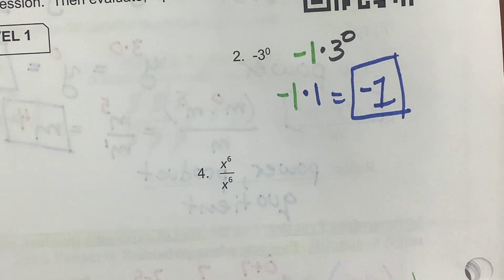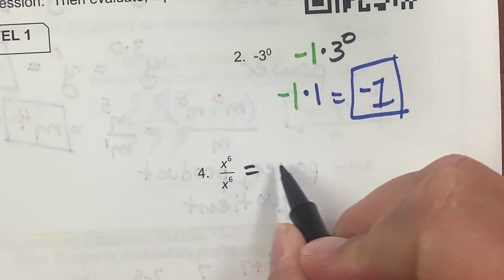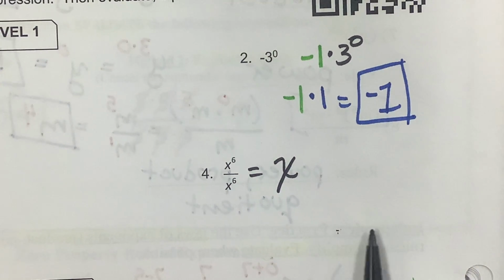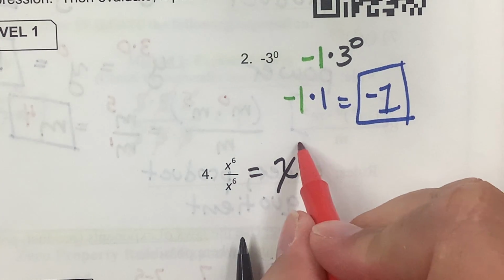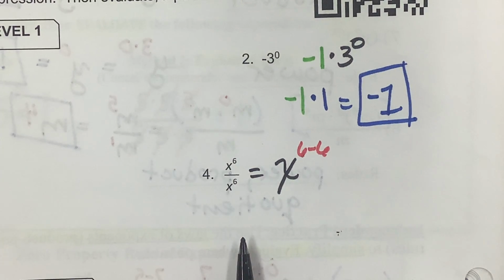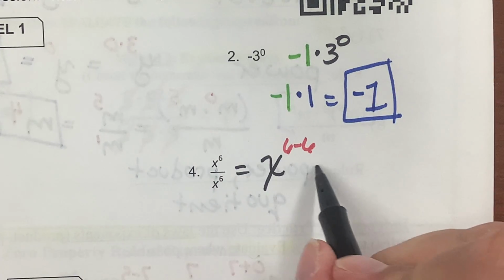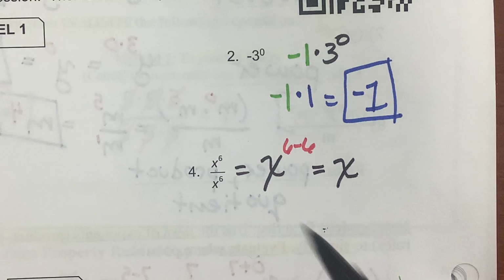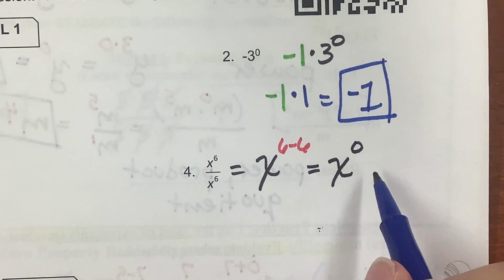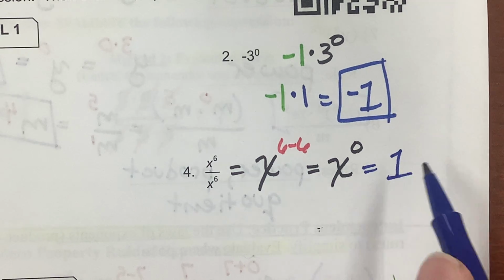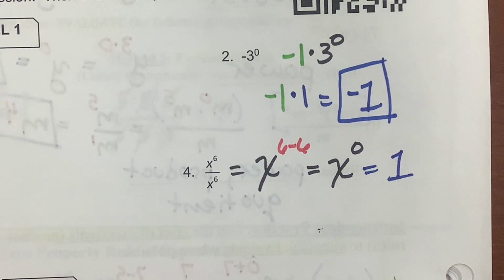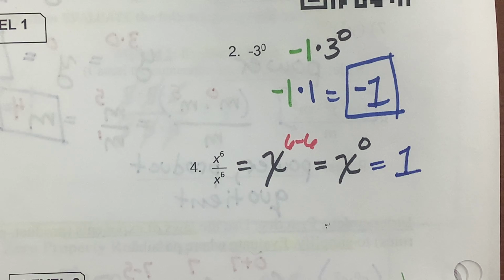And there's two different ways you could do that. You could subtract the exponents and get x to the 6 minus 6, which is x to the 0 power, which of course you know is 1. Or you could just say any number divided by itself is 1. Either way, the answer is 1.